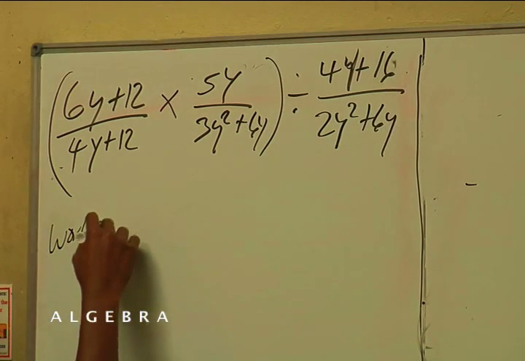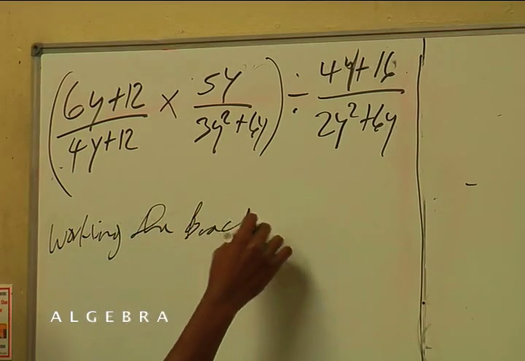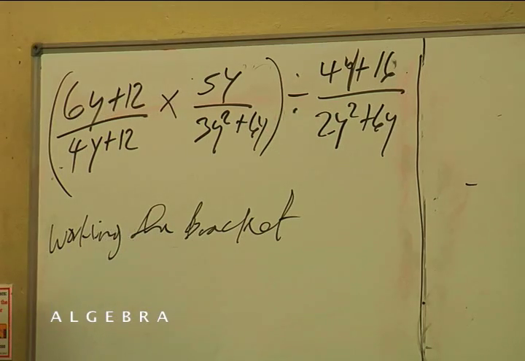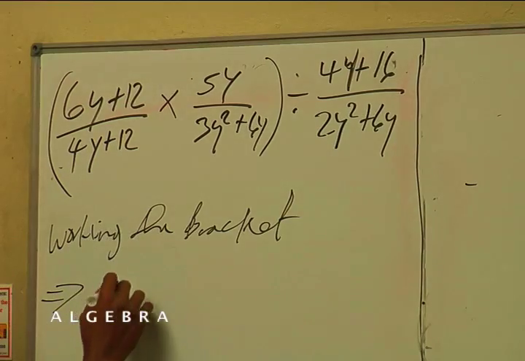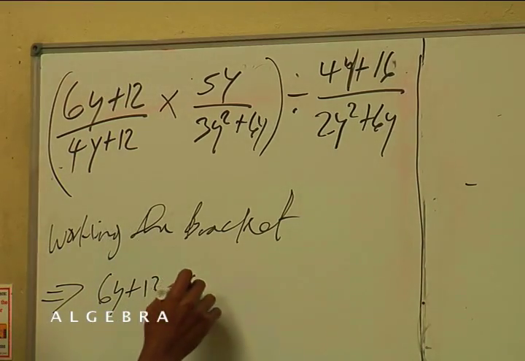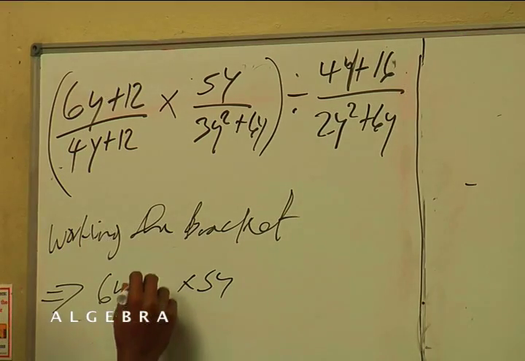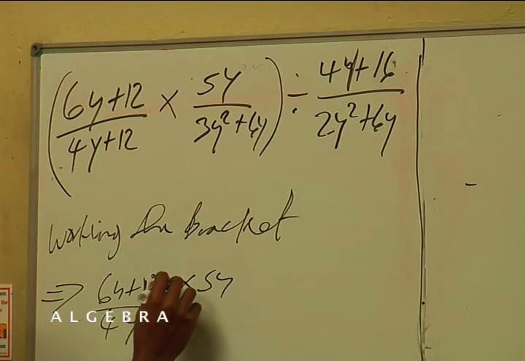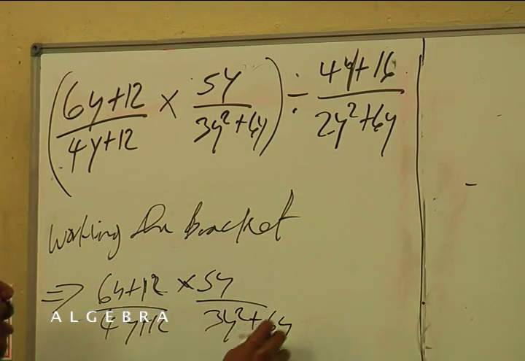Working the bracket. There's no line, there's a bracket and there's something outside the bracket. So working the bracket, this implies 6y plus 12 times 5y over 4y plus 12 times 5y over 3y squared plus 6y.